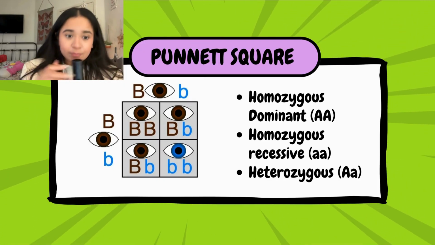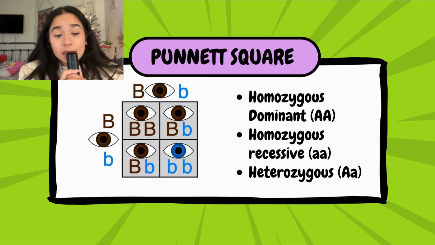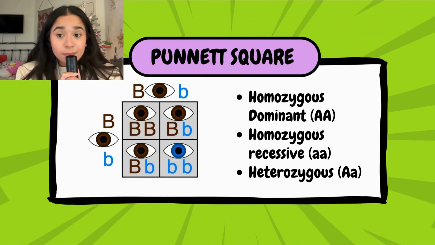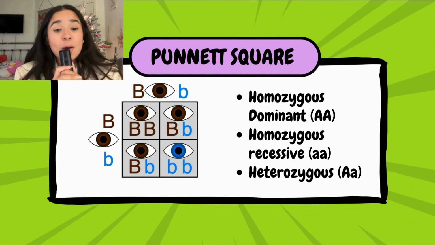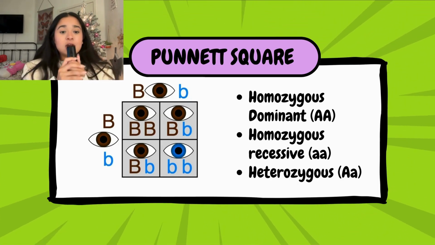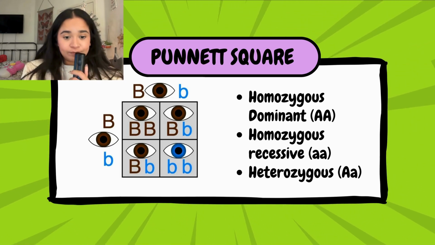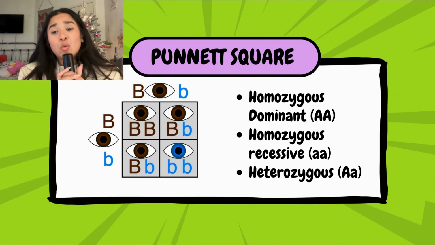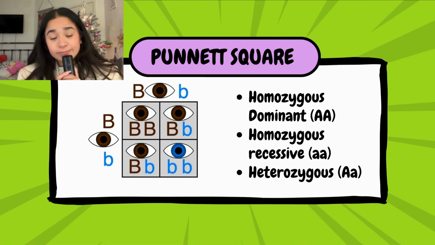Same thing in the other one. We also have a heterozygous on the bottom left. But if we look at the other one, there's 2 small b's. This is homozygous recessive, meaning there are 2 small letters. This is the easiest way we can show how our genotypes will possibly come out.